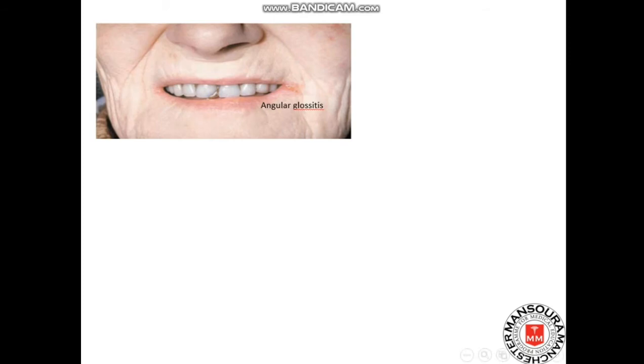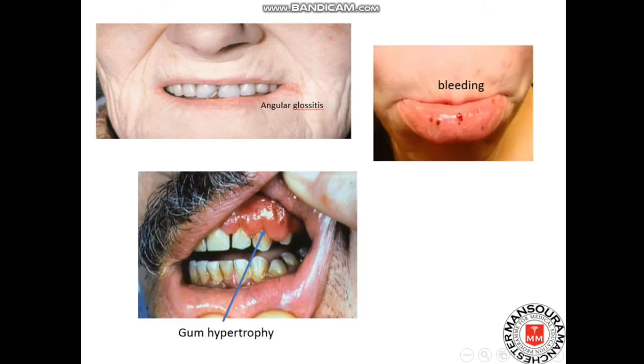This figure shows angular glossitis in cases of immune compromise and vitamin B12 deficiency. This figure shows gum hypertrophy in cases of acute leukemias, especially M4-5. And this lip shows bleeding in the lower lip in cases of immune thrombocytopenia and leukemia.